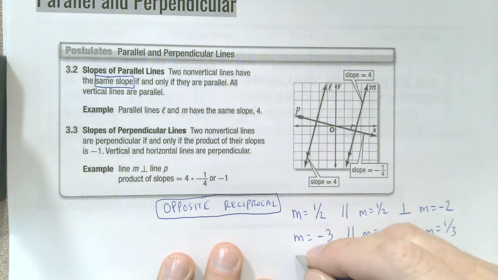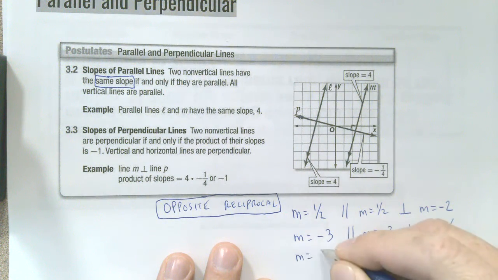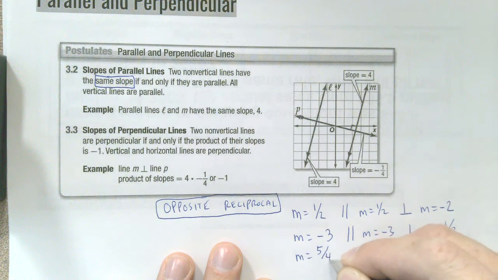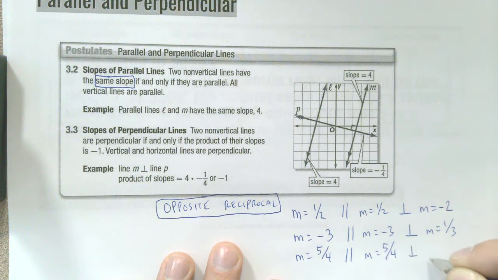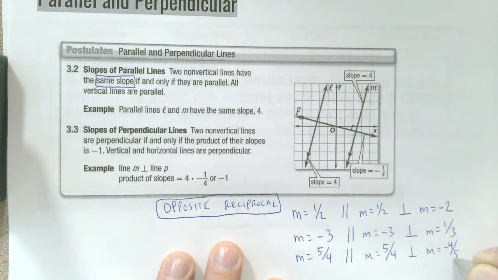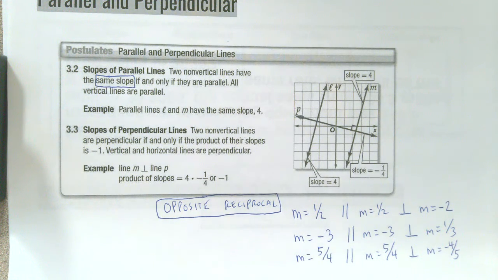Let's do one more of those. Let's say the slope is 5/4. Parallel slope 5/4, and perpendicular slope would be -4/5. Questions with that?